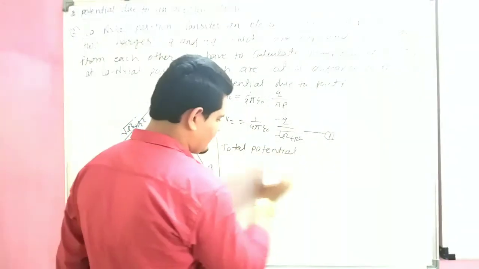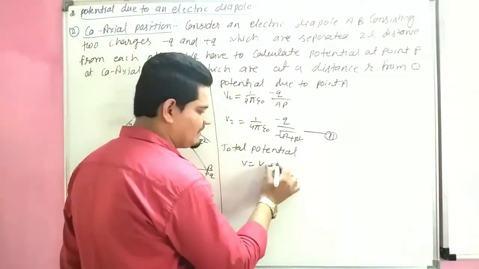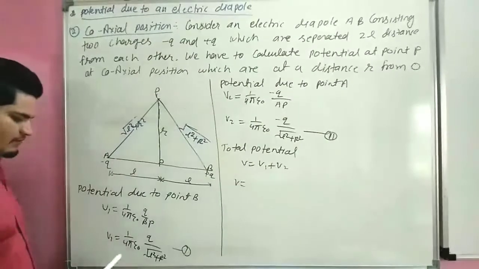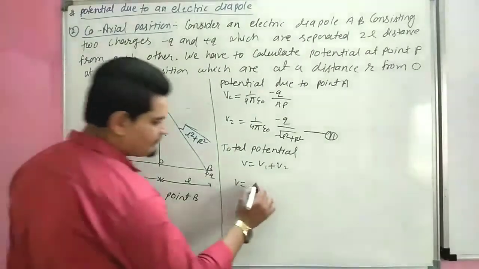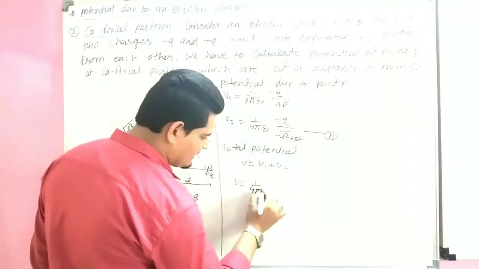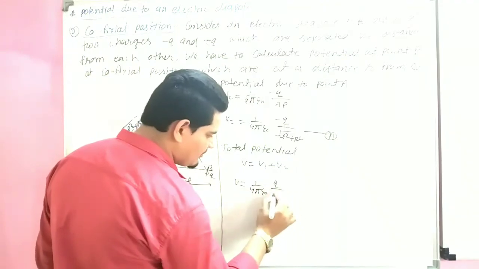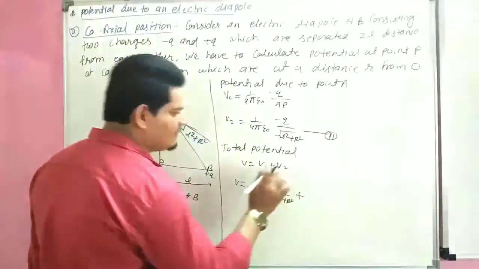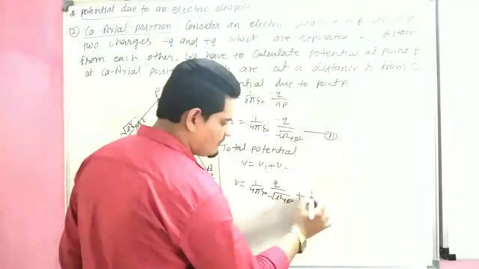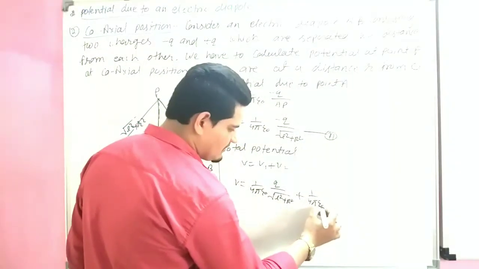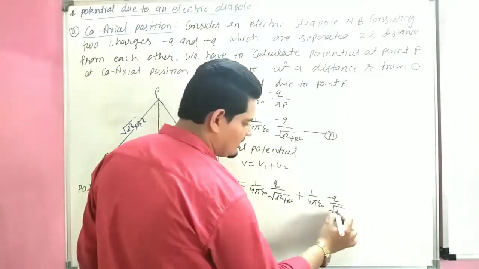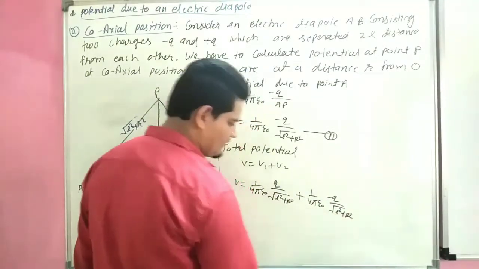Now we have to calculate the total potential. V is equal to V1 plus V2. V1 is 1 upon 4 pi epsilon naught Q upon under root L square plus R square, and V2 is 1 upon 4 pi epsilon naught minus Q upon under root L square plus R square.